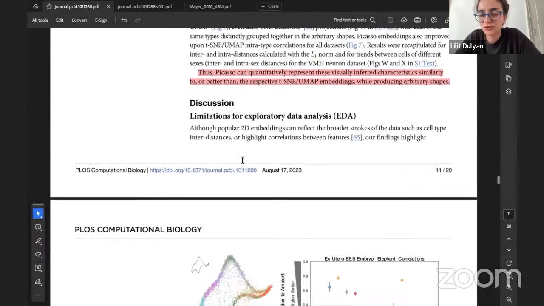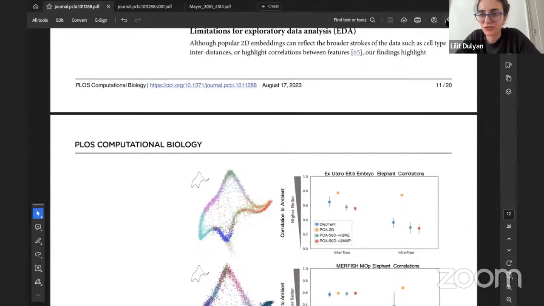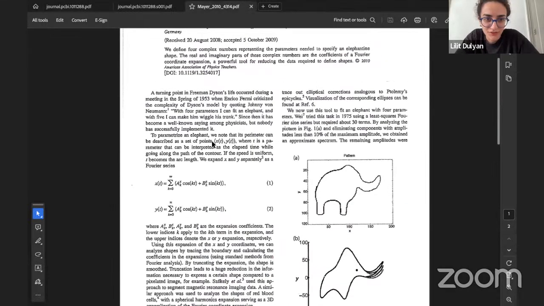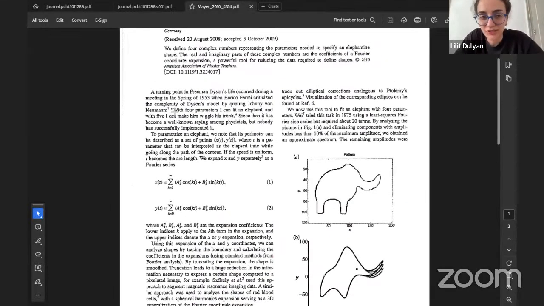It's an allusion to a very famous story in the field of theoretical physics. Von Neumann said something like, there is a whole story, but he said that with 4 parameters I can fit an elephant, and with 5 I can make him wiggle his trunk.